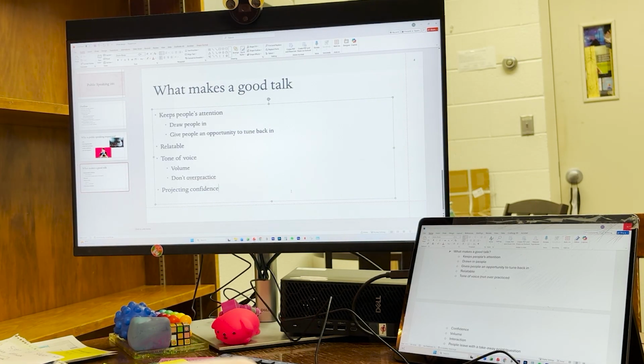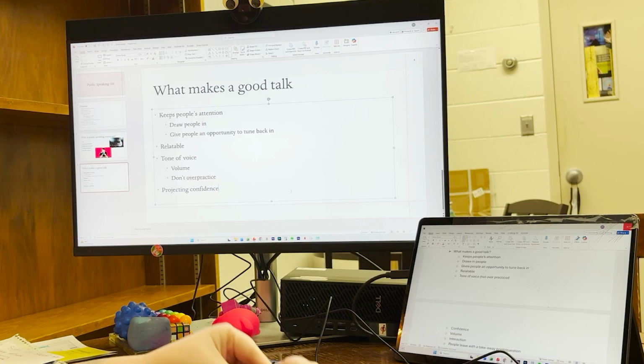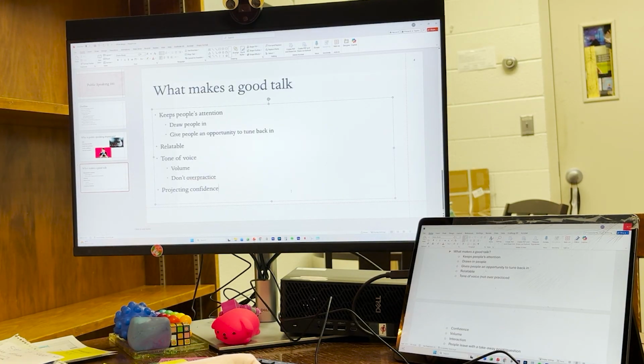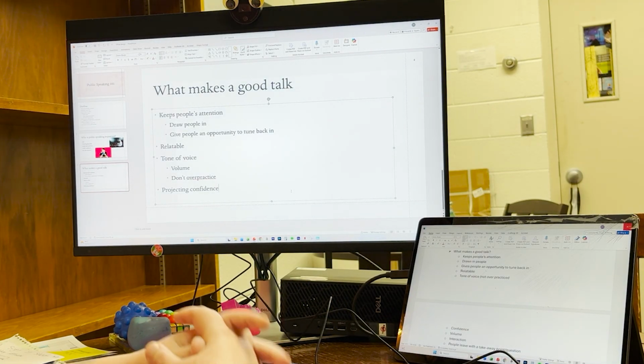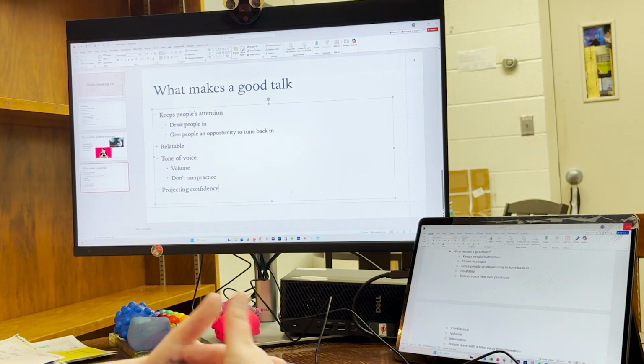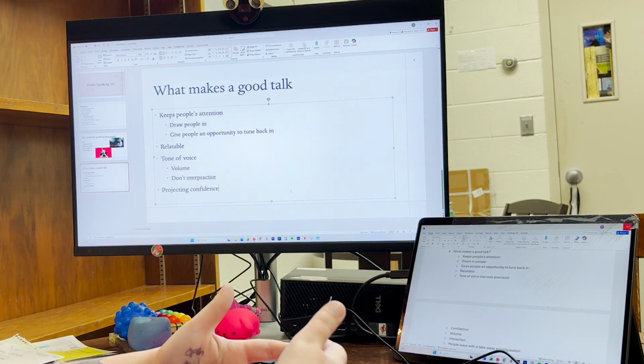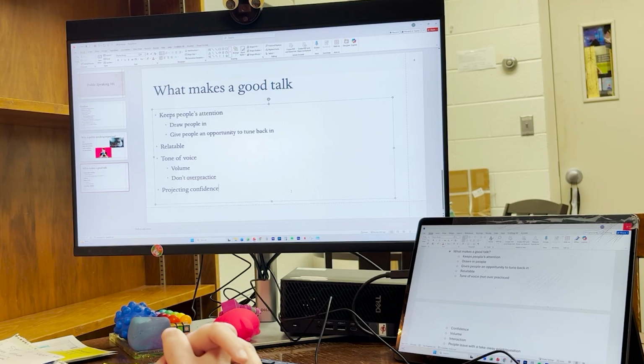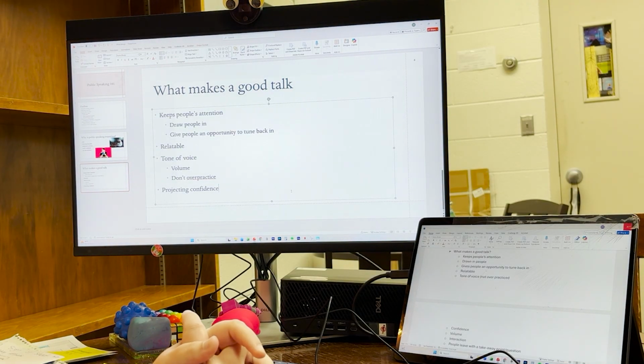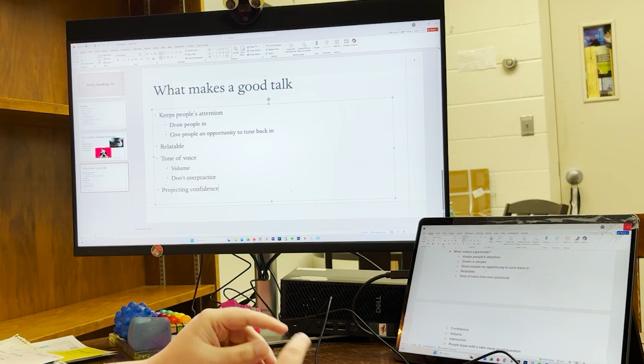Because if you don't believe in the words that you're saying, why should someone else believe in them? If you don't think that what you're saying is accurate or important, then why should someone else think that? So it's important that you are projecting this level of confidence. An appropriate level, you don't want to seem cocky or unapproachable, but you do want to seem like you know what you are talking about.